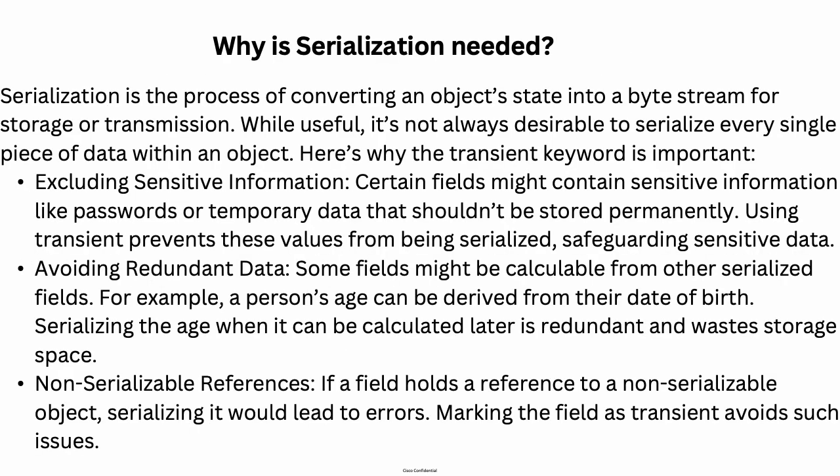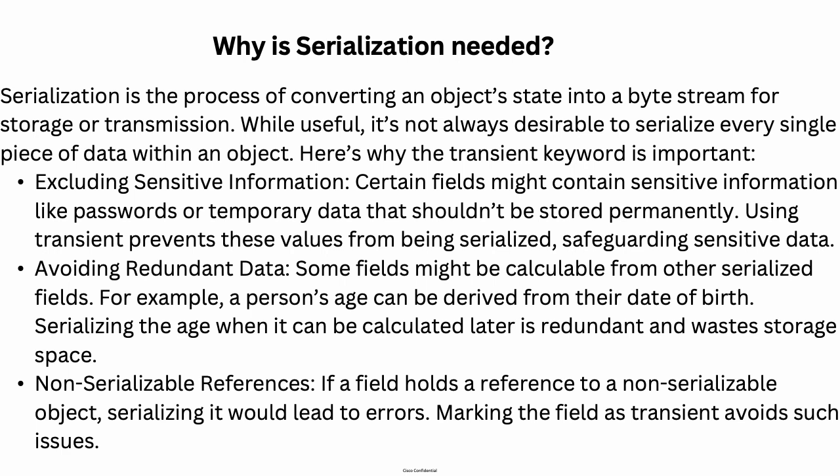This is again a very interesting topic, serialization. So a question might come like, why is serialization needed? Serialization is the process of converting object state into a byte stream for storage or transmission purposes. If we talk about transmission, that means if you're sending something from one server to another, the objects are converted into a byte stream, and then we send it over the internet.